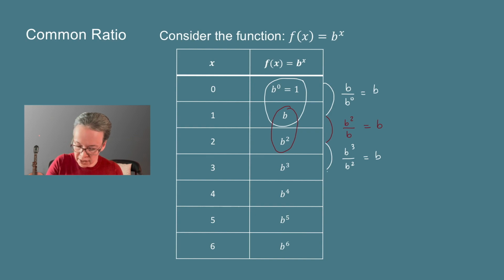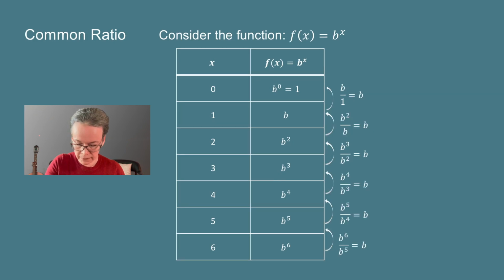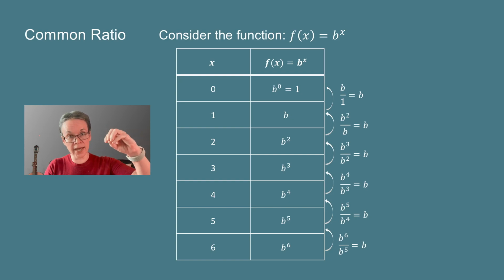Now imagine that I continue creating those ratios throughout. I'm going to end up getting the following final result: the common ratio is consistently b. No matter which of the ratios I choose, as long as they are next to each other, I end up getting b, b, b, b throughout.